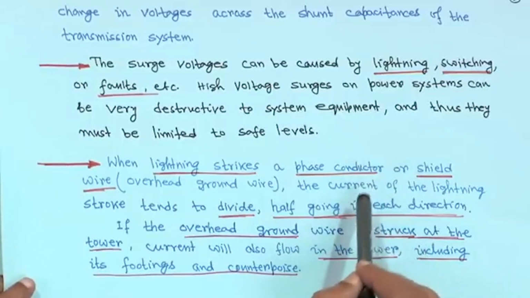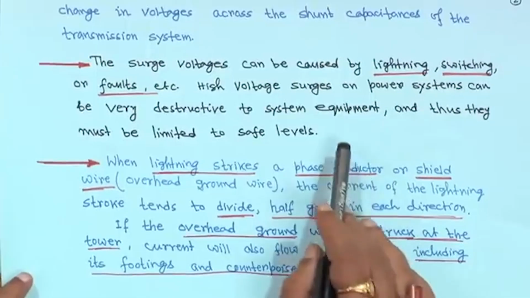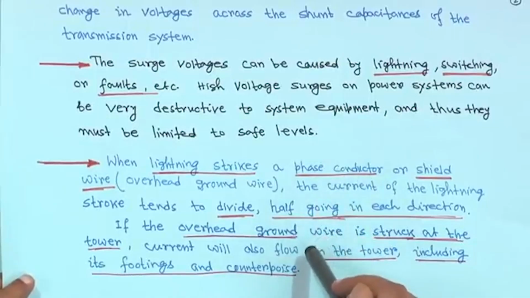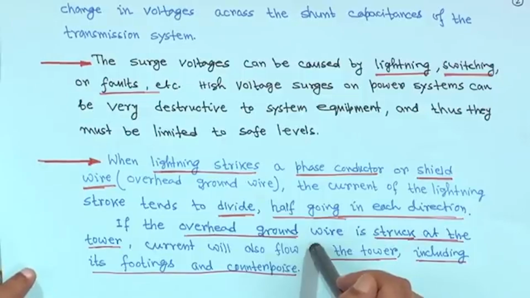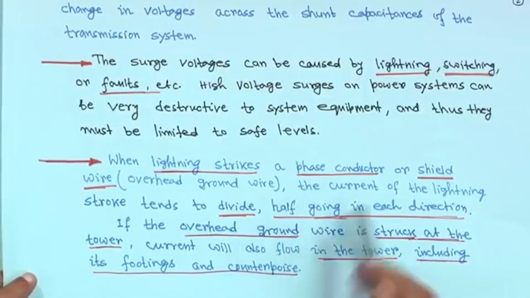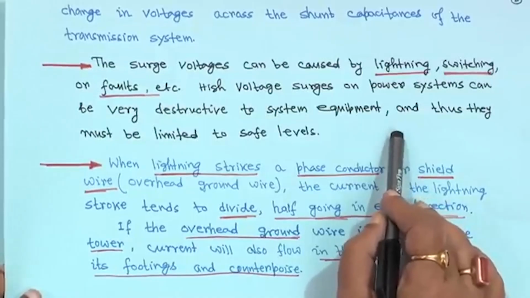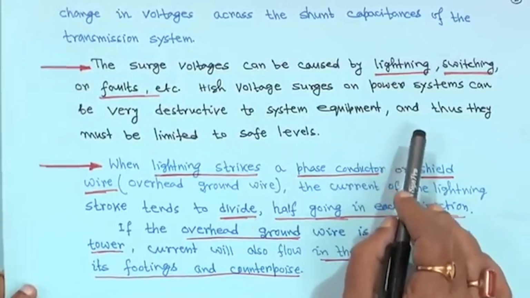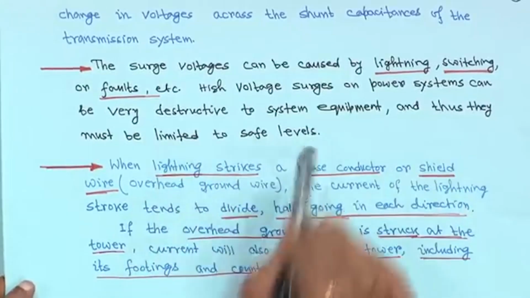It can destroy a transformer, and sometimes even the lightning arrester also, right. When some lightning stroke is there on the tower or on the shield wire, as we will see later, the travelling wave travels in both directions, right. So, a lot of protection is needed for this very short duration voltage surge. Thus, surges must be limited to safe levels.